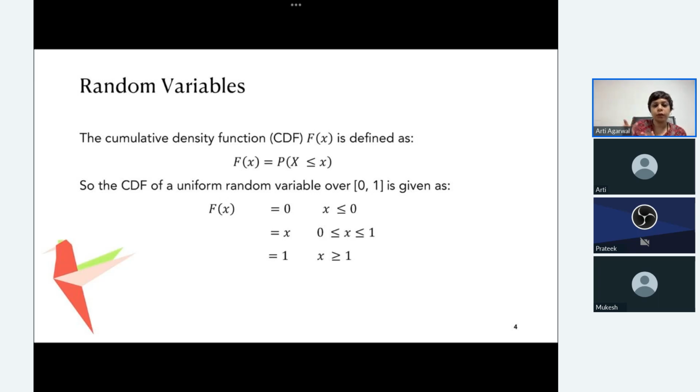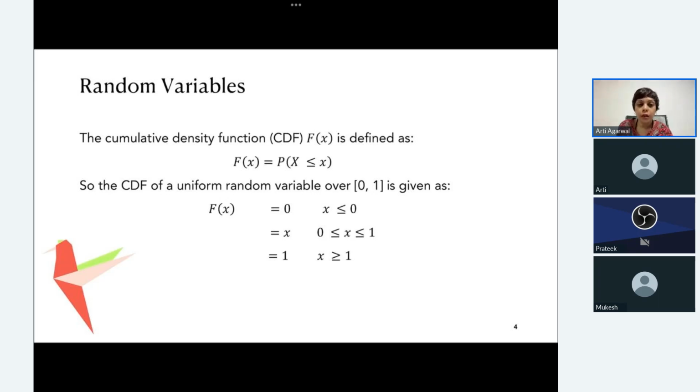Because we're taking the cumulative probability, meaning the entire probability up till that length. So if the entire interval is covered, then we have taken the integral, or the summation, of the probability of all the possible outcomes within that interval. That is going to be 1, right?